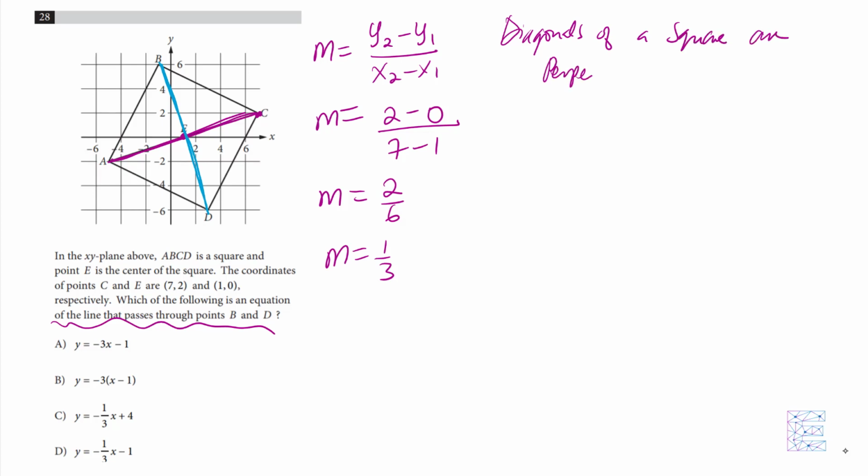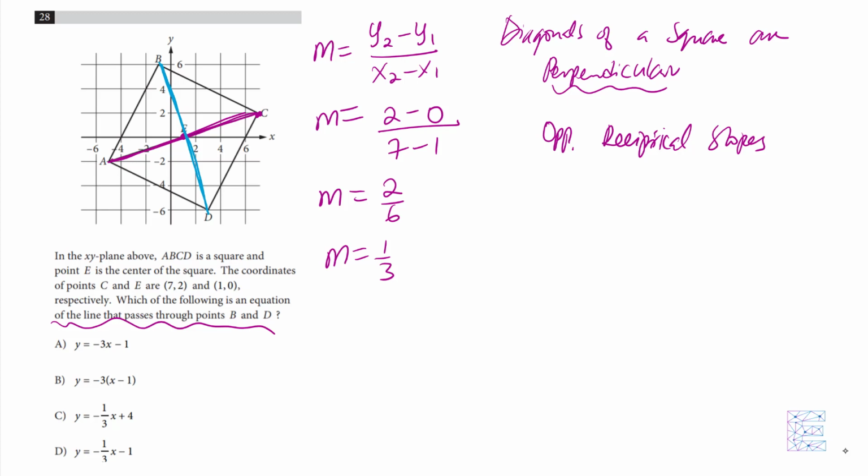That's very, very important to us. And if you remember from a previous lesson, perpendicular lines have opposite reciprocal slopes. In other words, the slopes of perpendicular lines are opposite reciprocals.